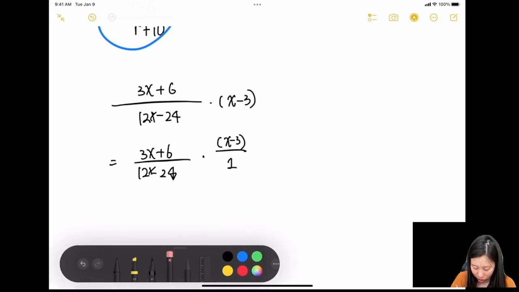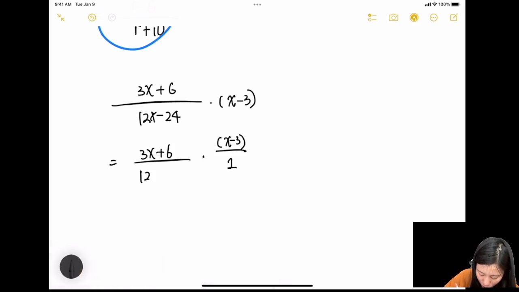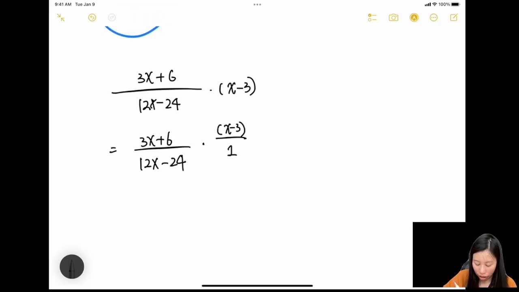Oh, this is messy. Let me rewrite this. I have 12x minus 24. Here it's much better. Okay, so let's factor the top.